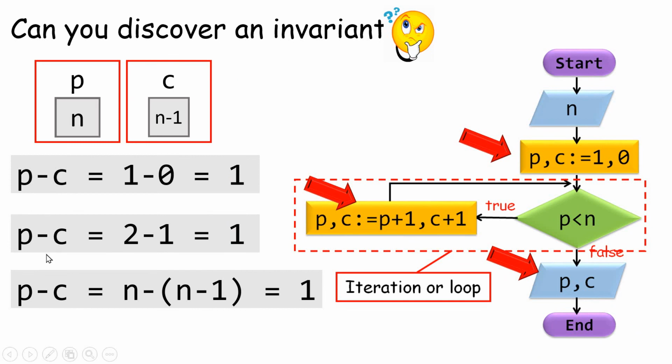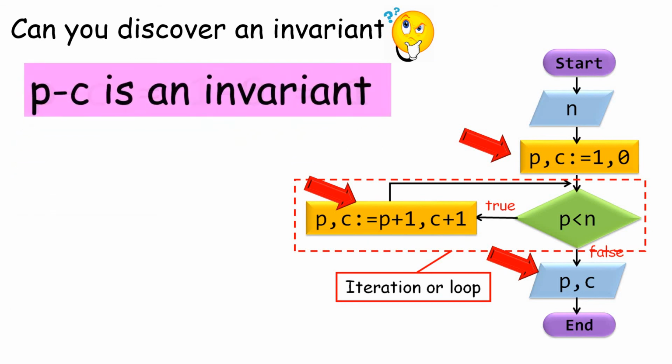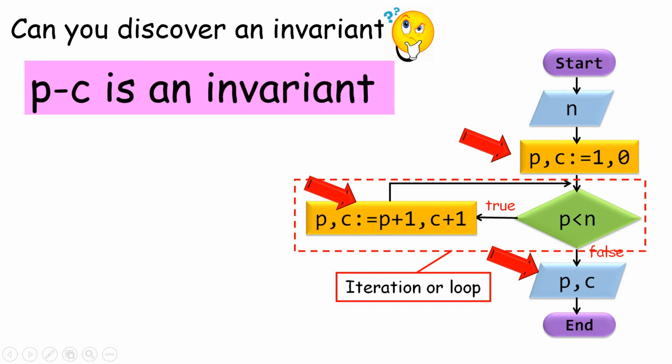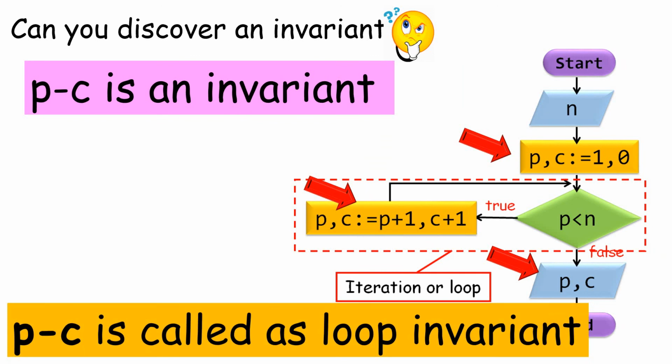Can you observe that P minus C remains unchanged before the start of the loop, inside the loop, and at the end of the loop? So, we can say that P minus C is an invariant. Since P minus C is an invariant before the start of the loop, inside the loop, and at the end of the loop, P minus C is called a loop invariant.